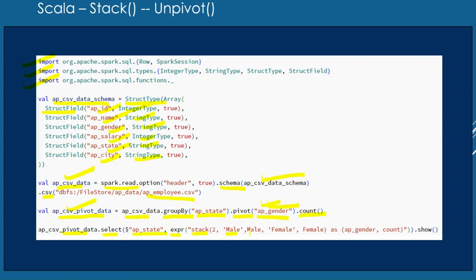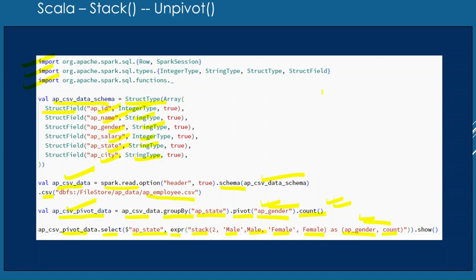putting male into male value, female into female value in AP gender. And the value we are looking for is the count value. Whatever pivoting we have done here, we are doing the unpivoting here.